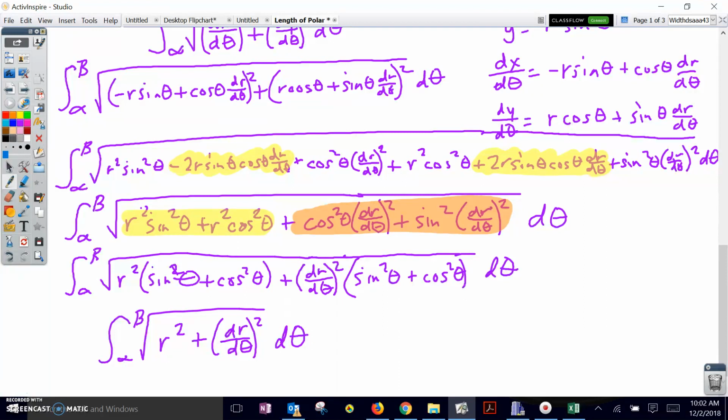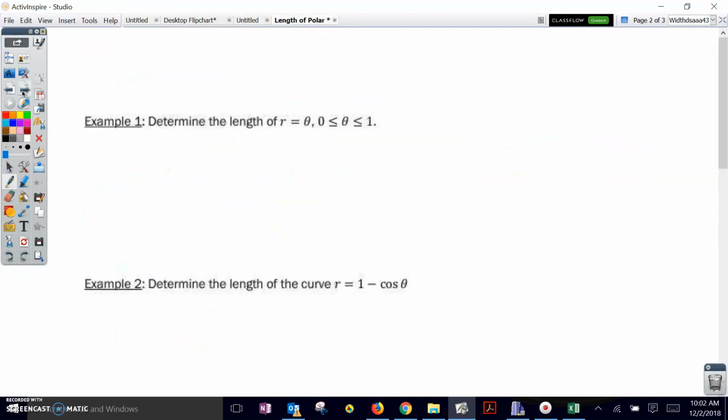All right, let's go ahead and use that formula in some examples. We'll start with determining the arc length of r equals theta from 0 to 1 for theta. So that's going to be the integral from 0 to 1, the endpoints of our angle interval, the square root of r squared. R is equal to theta, so that's going to be theta squared. And dr/d theta here is just going to be 1.